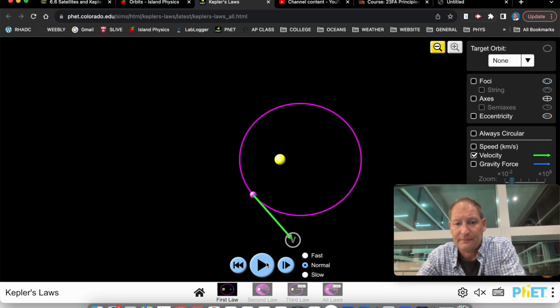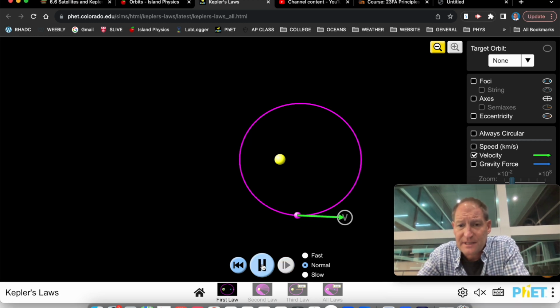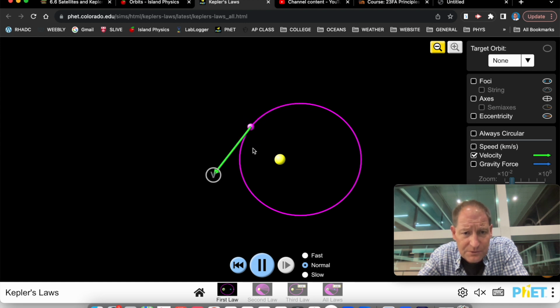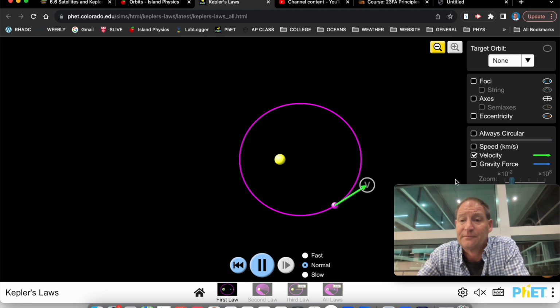Okay. But notice how the planet is moving slower as it gets further away from the star, and as it gets closer to the star, it's like falling towards the star and speeds up and then slows down again.